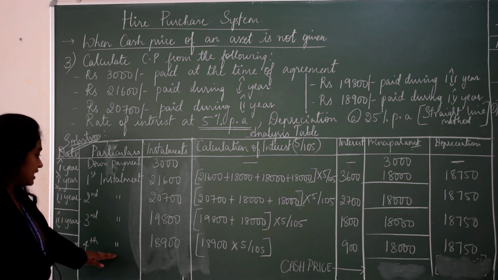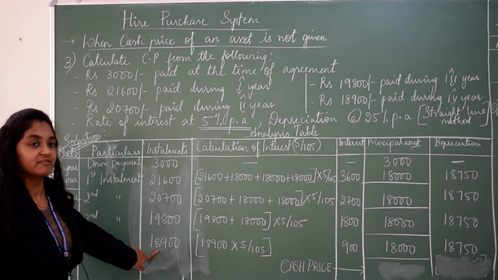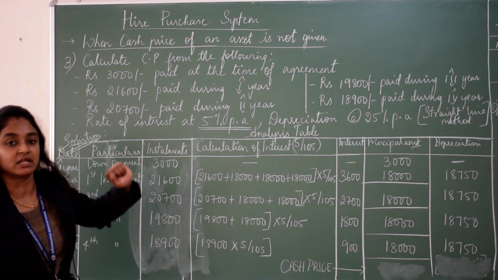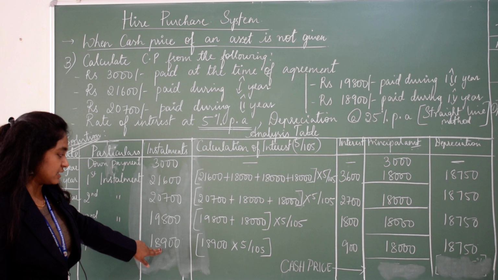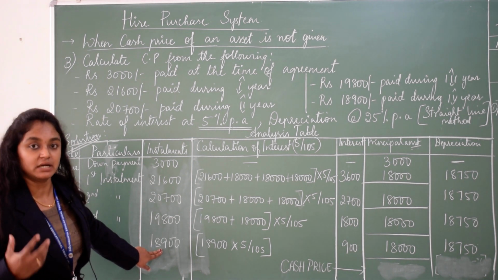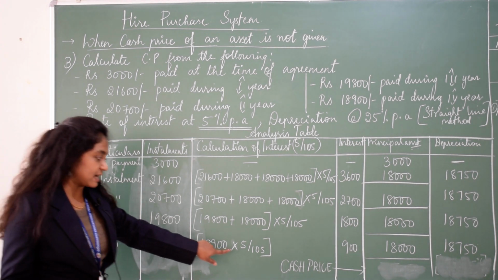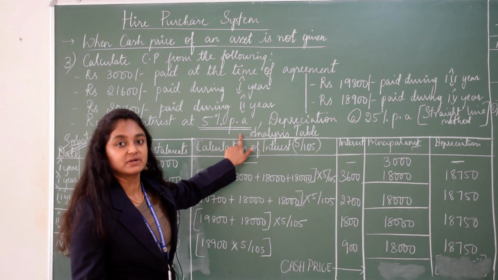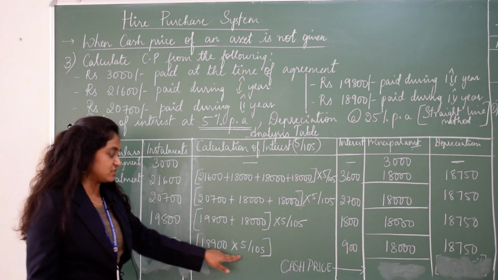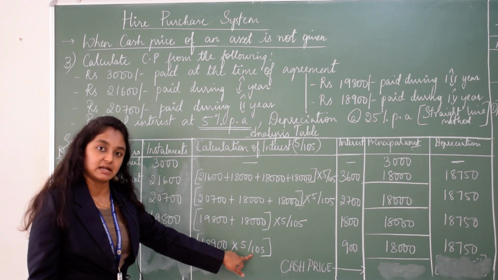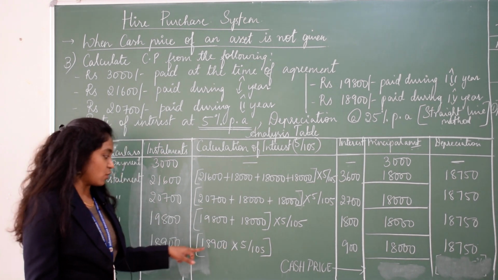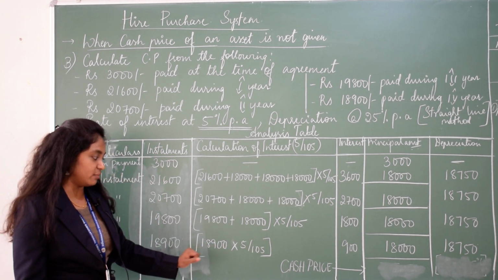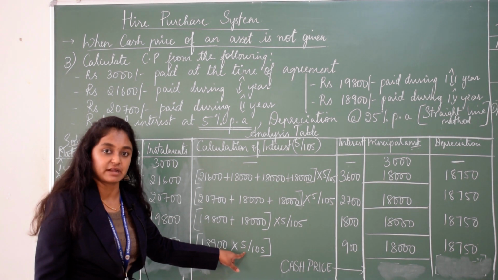Yes, fourth year, the installment value that they have given is 18,900 as given in the question. 18,900 is the fourth installment value. On this they are clearly mentioning apply 5% interest. Interest is always rate of interest divided by 100 plus rate of interest. So what we are doing is taking the fourth installment into 5% rate of interest.